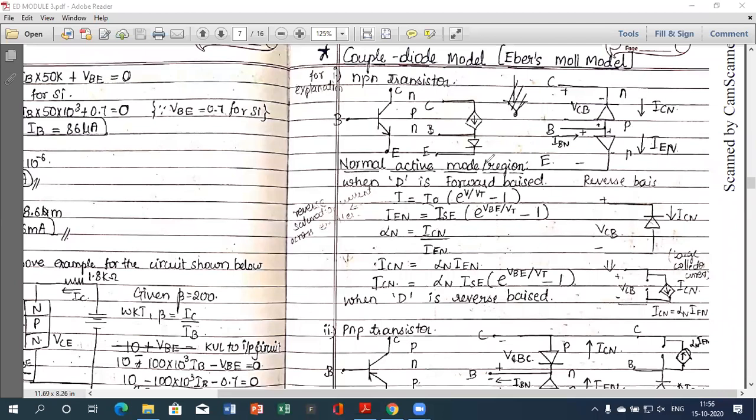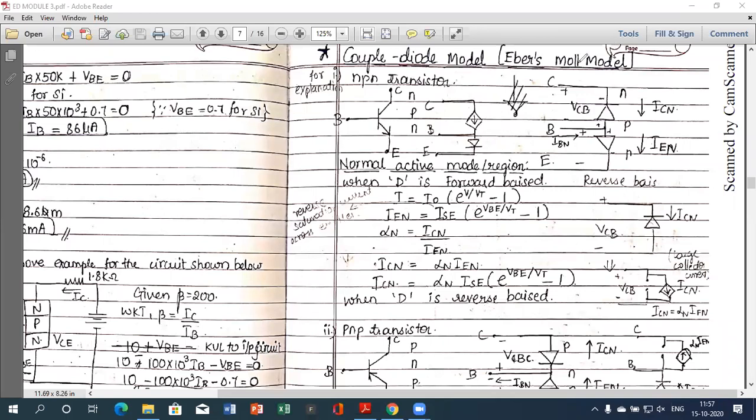Now if I operate this transistor in normal active mode, we can replace it by these two components: one is a current source, one is a diode. This is the current equation which is used to represent these two components. Now this is for the NPN transistor.